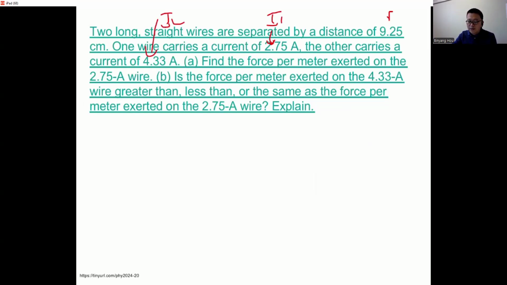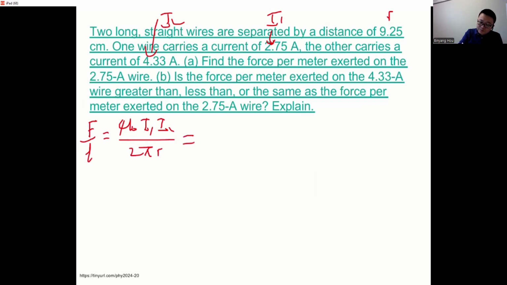So this is why I said just force per meter. Then you'll be looking at F over L. So F over L will be just mu naught I1 I2 over 2 pi r. Basically, just plug in numbers because you have all the numbers you need.